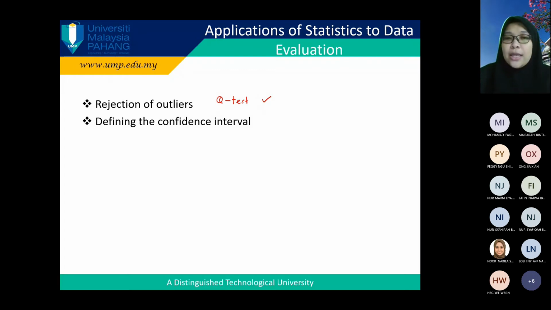For example, if you run an experiment... Who is that? I think 0.95. Which one?